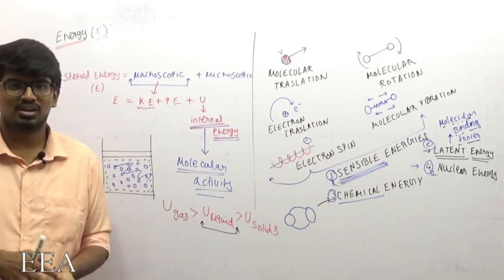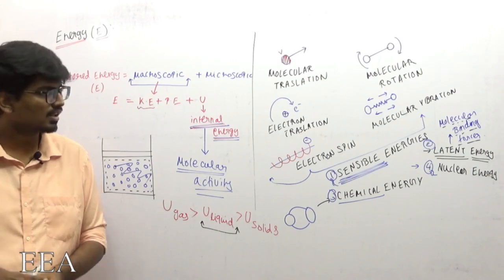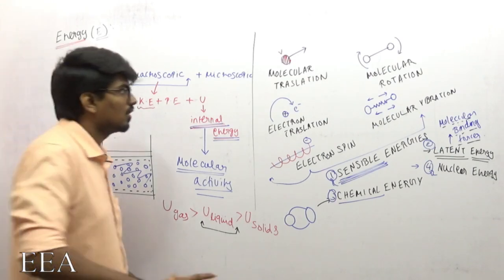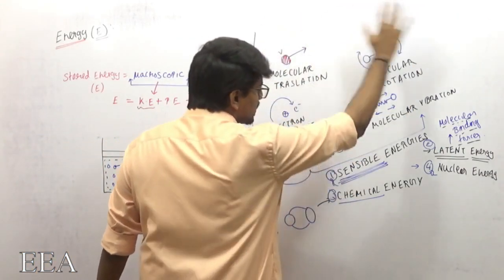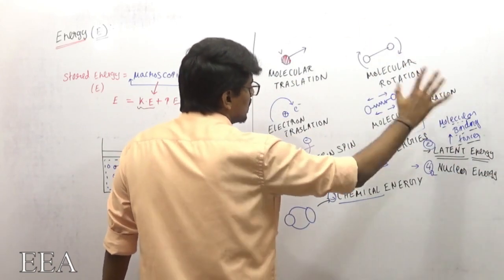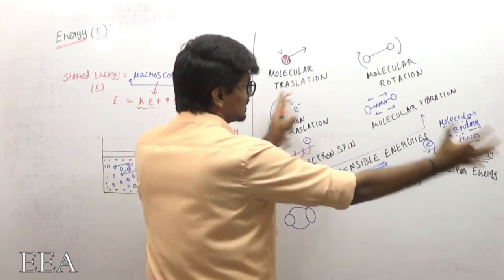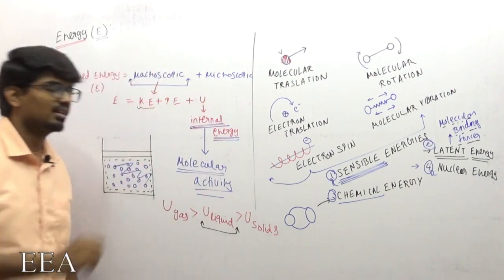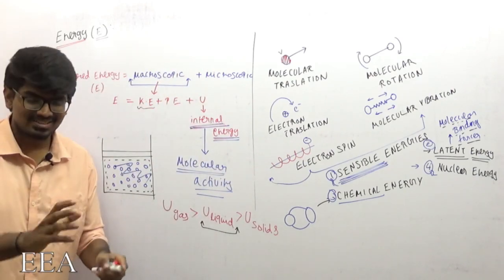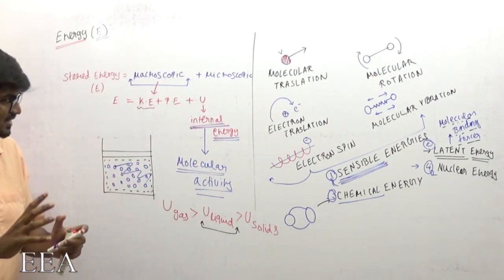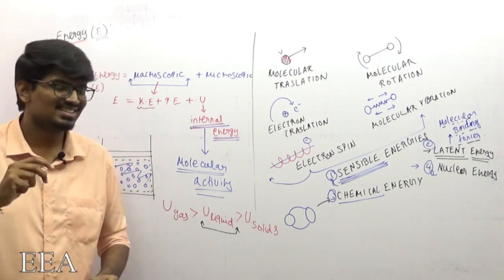Okay, in our thermodynamics, it's completely chemistry. So all this microscopic or molecular level energies summed up will be internal energy. That's it. I hope you understood what internal energy is in a detailed manner.